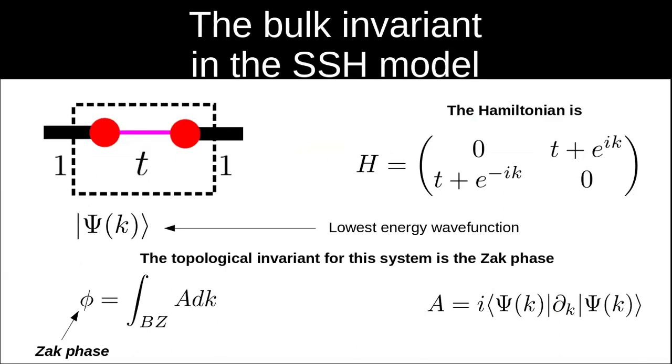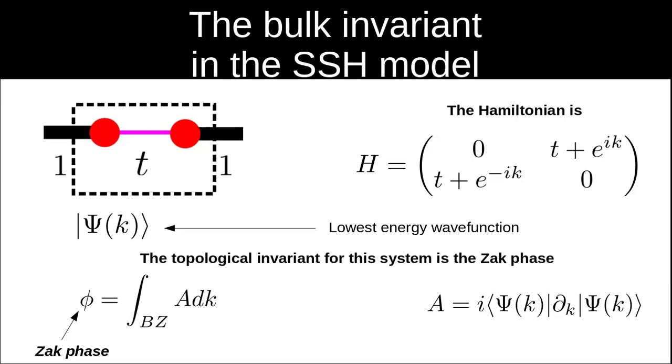Now, you have this 2x2 Hamiltonian, and you can start asking yourself, well, what is the wave function that I can get from this Hamiltonian, and how can I classify the topology of these wave functions? So the wave function for this Hamiltonian, in particular the lowest energy eigenfunction, is going to be psi k.